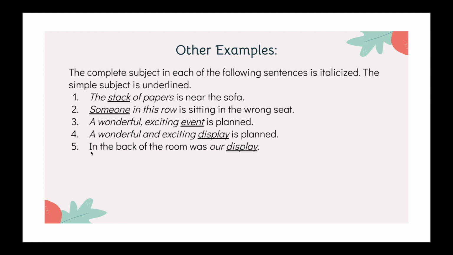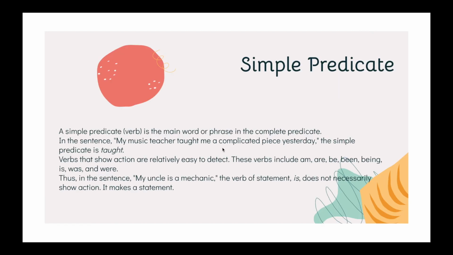And "In the back of the room was our display." Again, some subjects can be placed at the end of a sentence, right after the verb. And the simple subject is the word display. Right, so that was about subject.